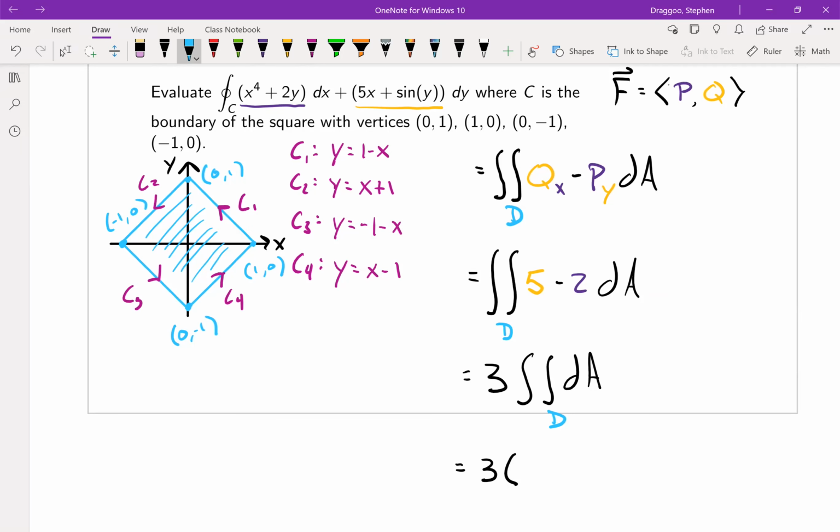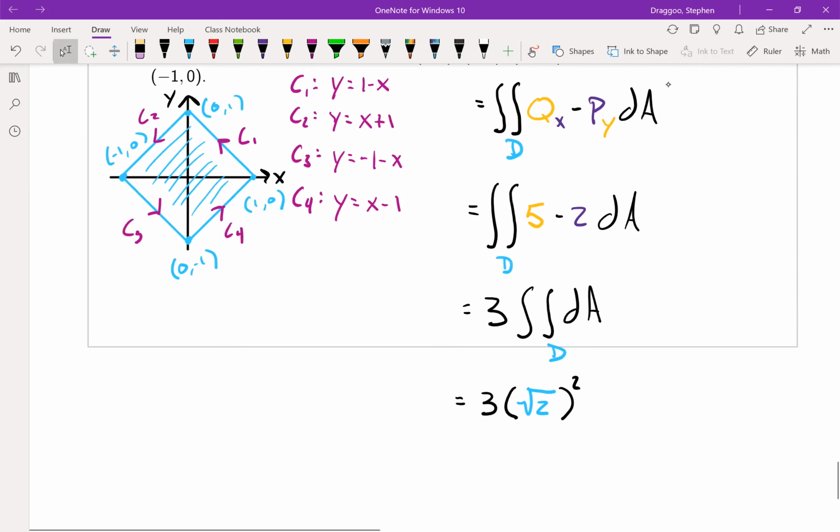Or with the Pythagorean theorem, if we break down one of those triangles, say the one in the first quadrant, both legs are 1, so the hypotenuse is the square root of 2. All that to say that the area of our region D should be the square root of 2 squared, since the area of a square is just the length of one side squared. And yeah, squares. How do they work?